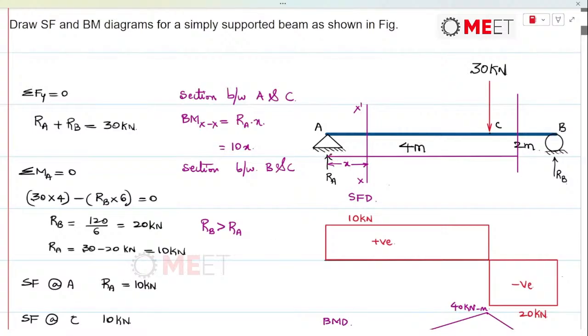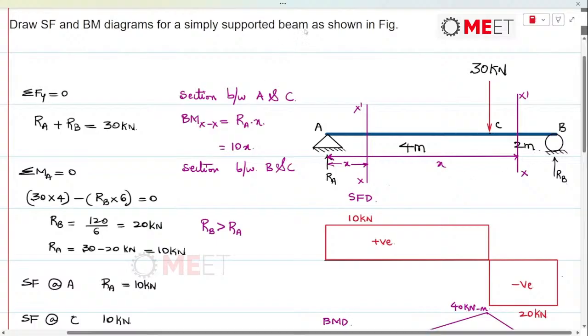This would be distance x, and this is section XX. So now RA is at a distance of x from the section which is placed over here, between point B and C.